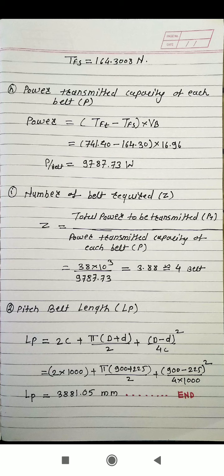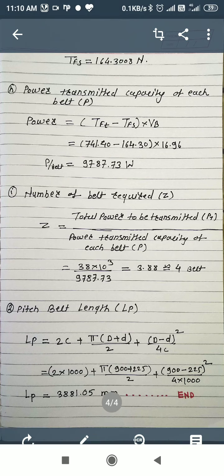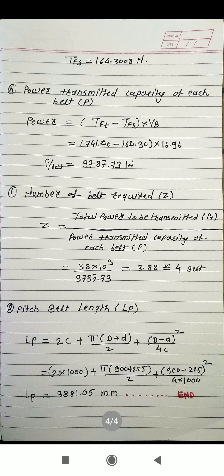The next, calculate the power transmitted capacity of each belt, means power is equal to tight side minus slack side into the velocity. All the values are known: tight side is 741.40 minus slack side 164.30 into velocity 16.97. Then power per belt is 9787.73 watt. The unit is watt.